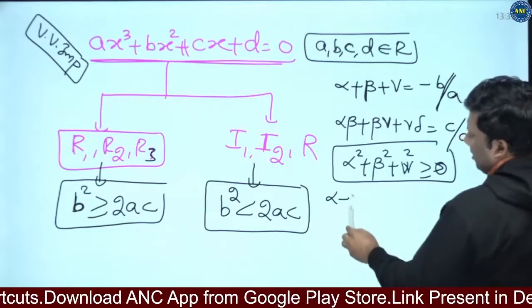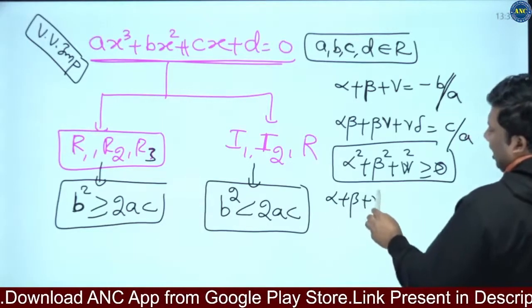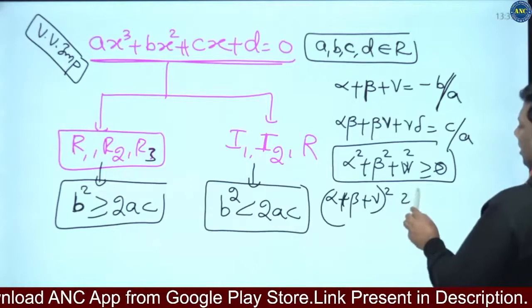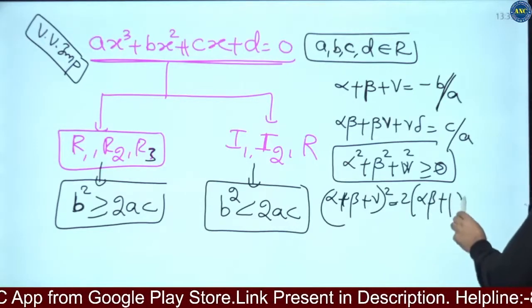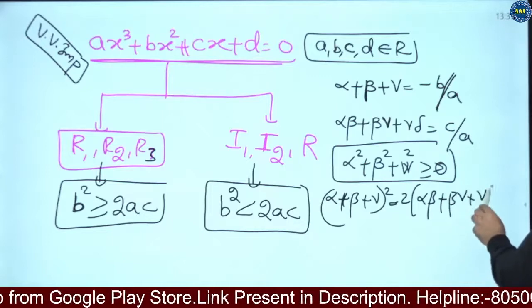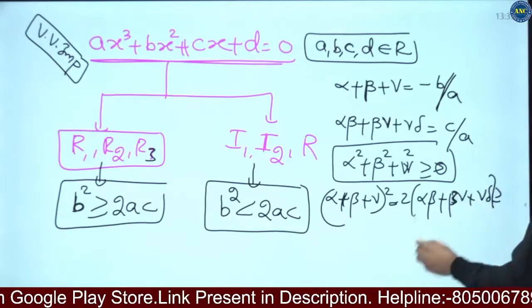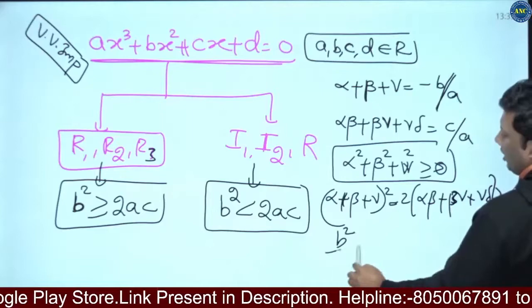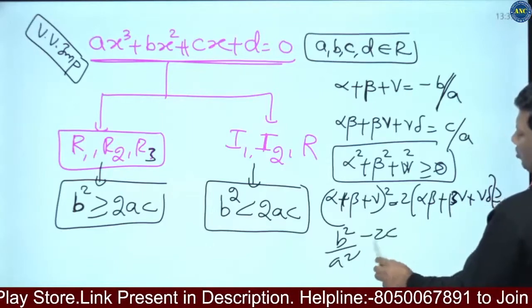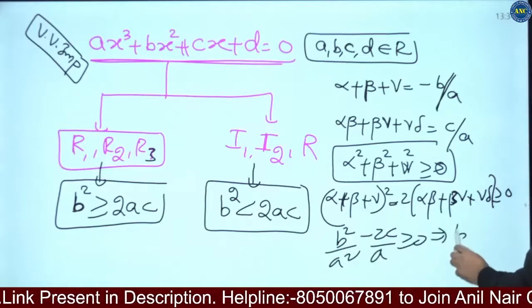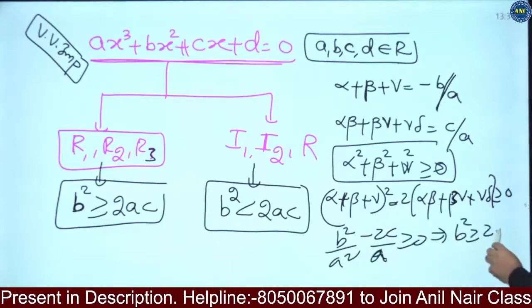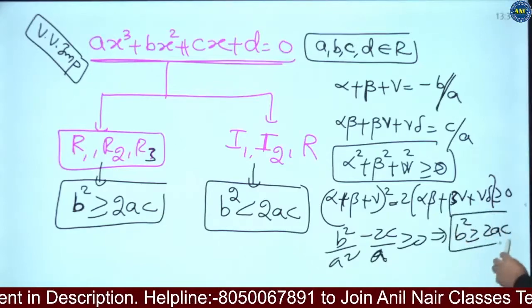Alpha square plus beta square plus gamma square is (alpha plus beta plus gamma) whole square minus 2 into (alpha beta plus beta gamma plus gamma alpha), greater than or equal to 0. So B square by A square minus 2C by A is greater than or equal to 0. That means B square greater than or equal to 2AC. That is exactly what I wrote.